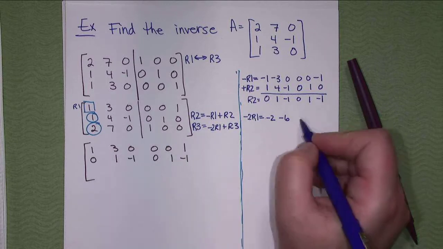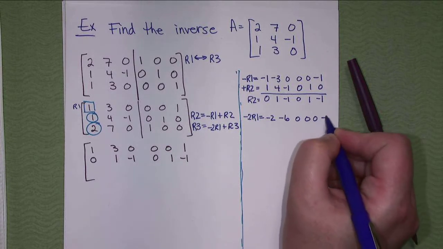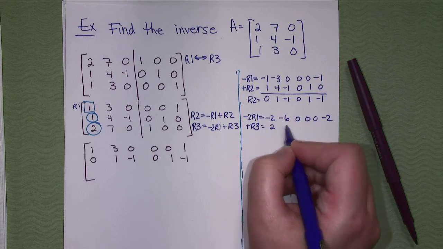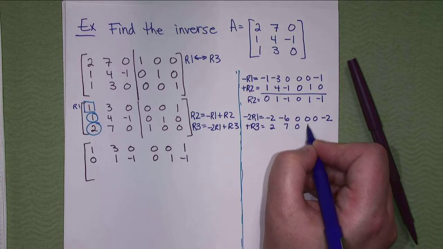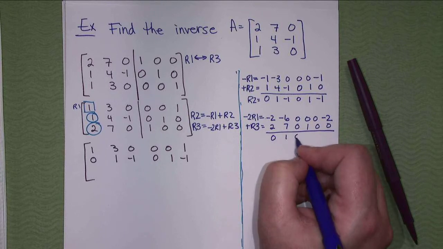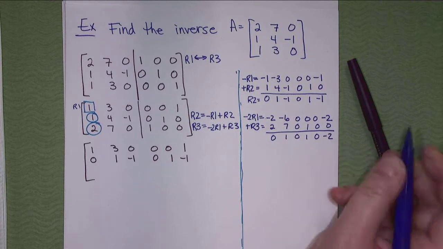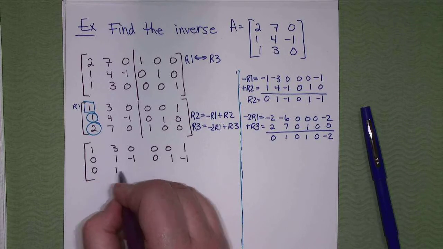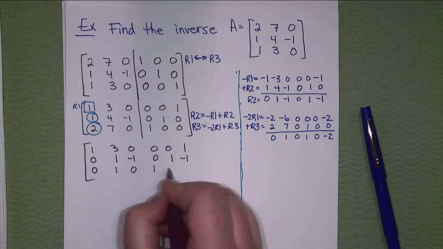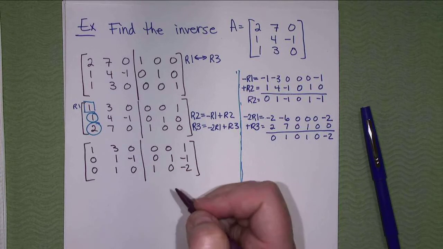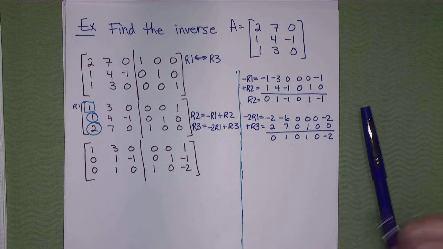Plus row 3. Row reduction is actually the most important thing in the whole course. Everything we do after this involves row reduction, pretty much.